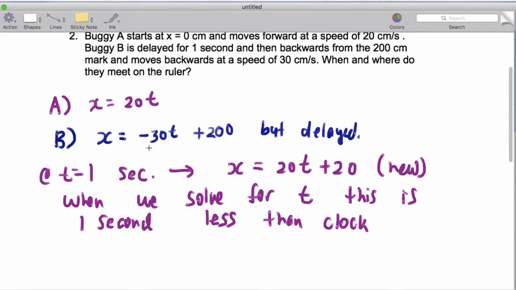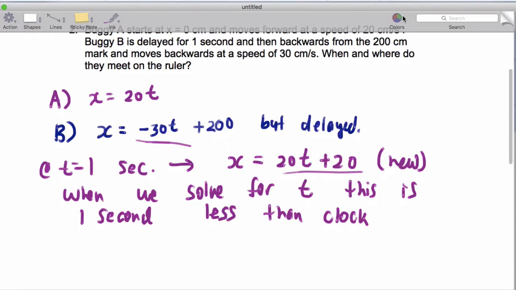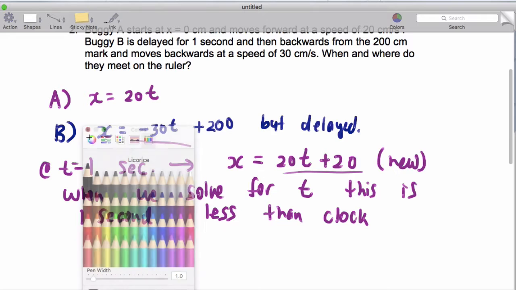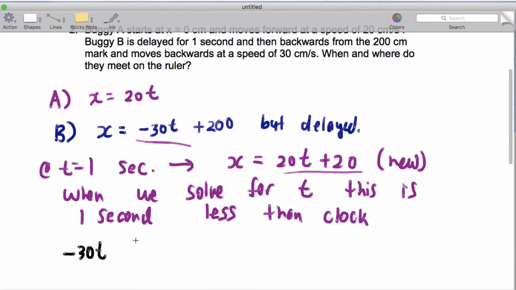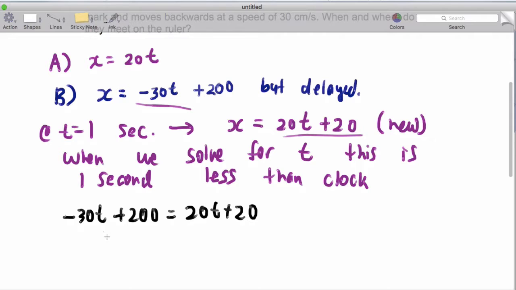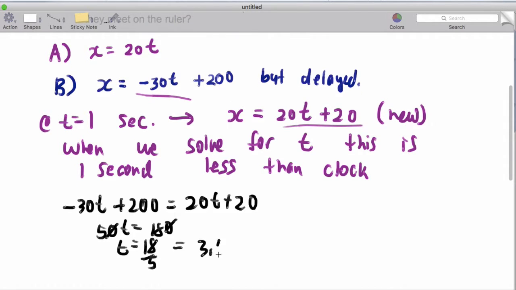So now these will be the two equations that we set equal to each other: negative 30t plus 200 equals 20t plus 20. We end up getting 50t is 180, so t is 18 over 5, which is 3.6 seconds after buggy B starts.